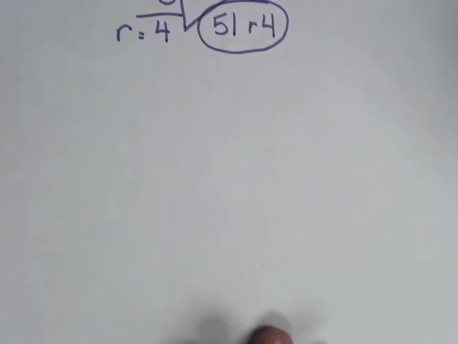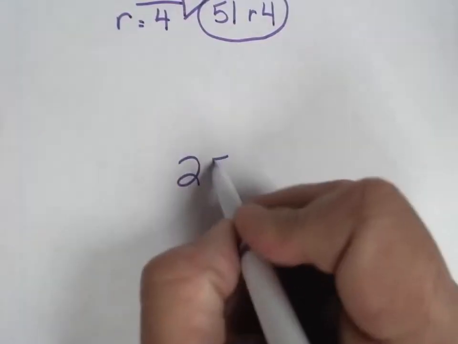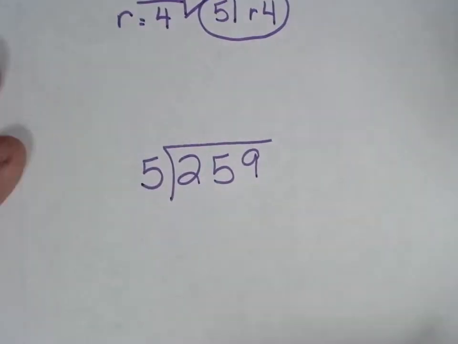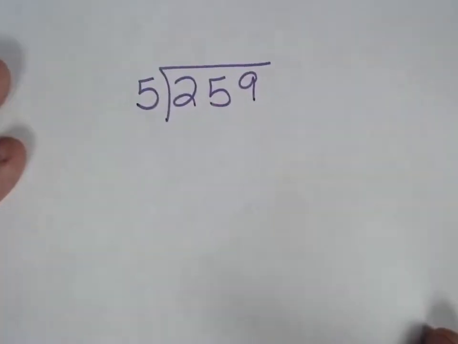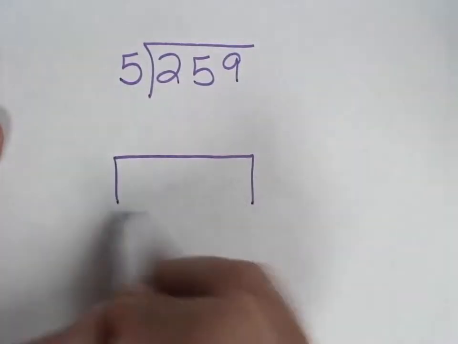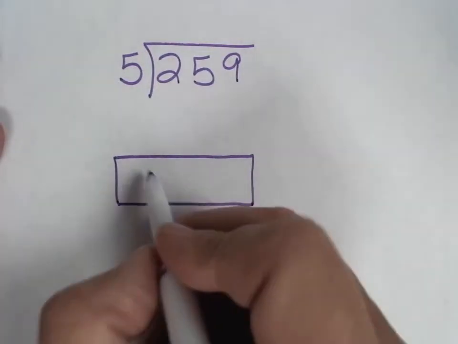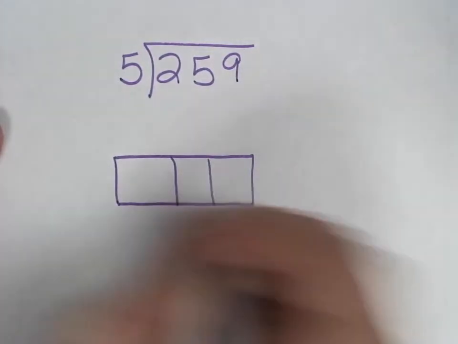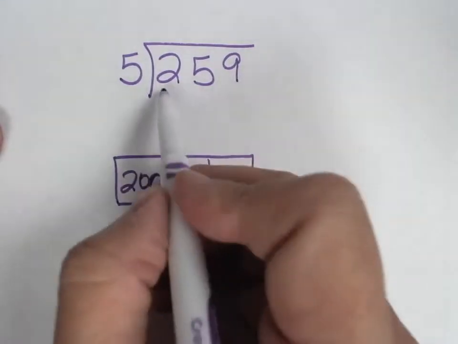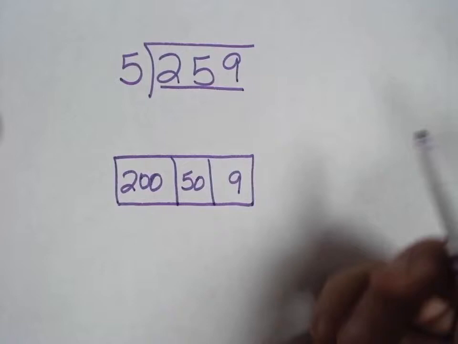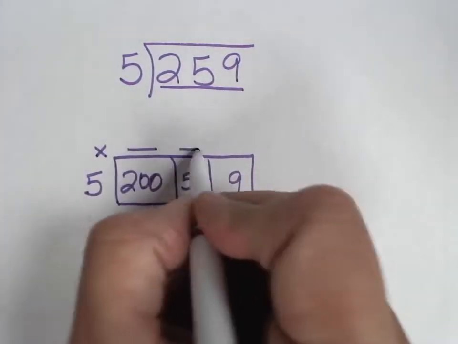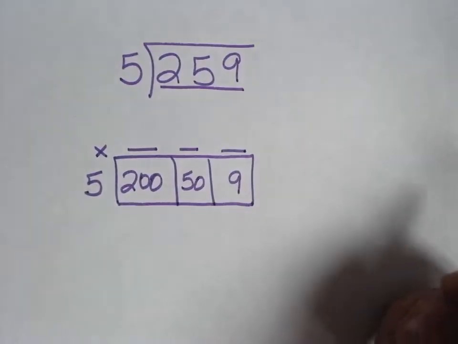We also are going to be talking about area models again, like we did in multiplication. I take the same problem, 259 divided by 5, and I want to do an area model. I put my dividend inside the box here, 200 plus 50 plus 9, decomposing the 259, divided by 5, so it's 5 times something equal 259.